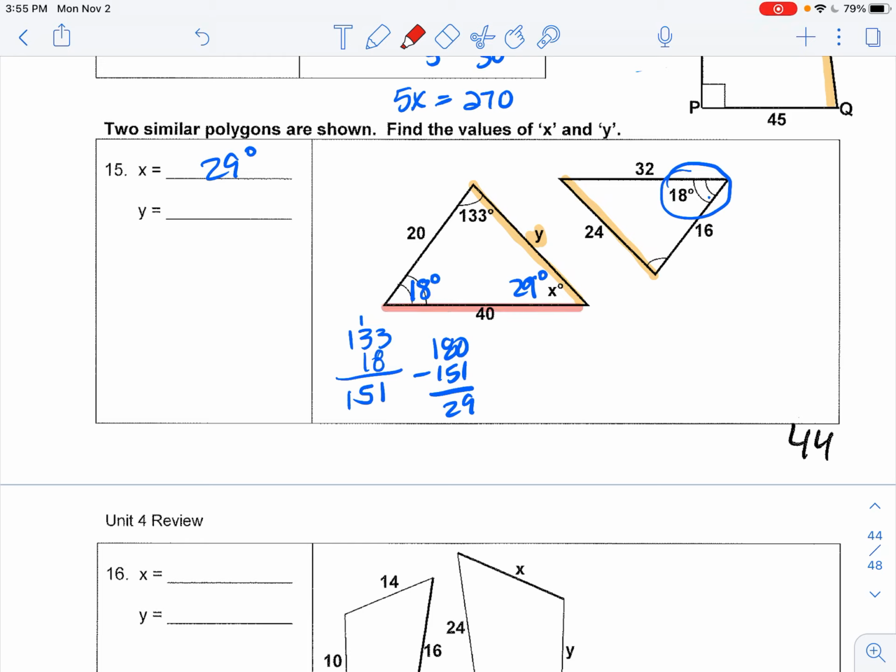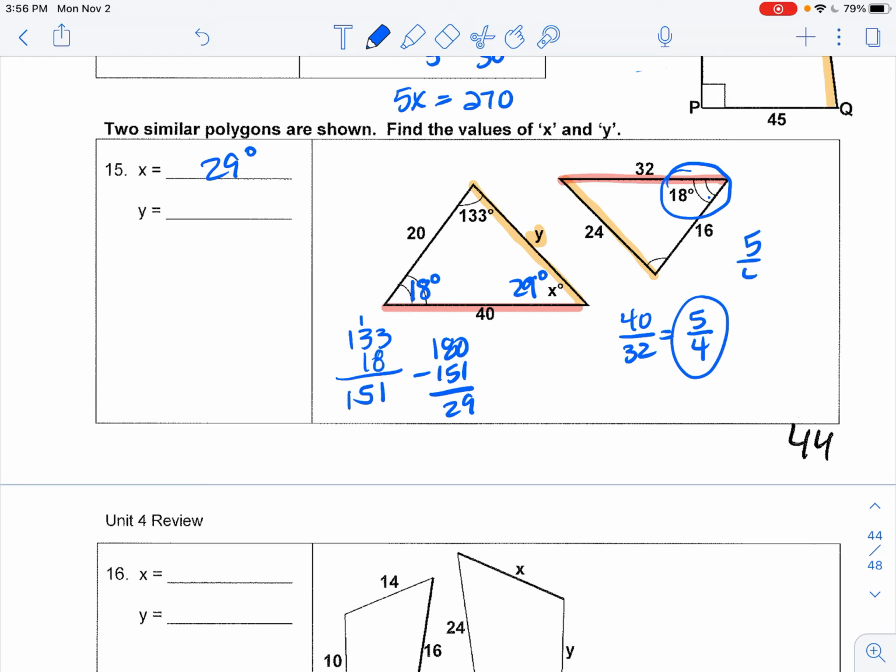The base of this triangle is similar to this guy. So if I write a ratio, that's 32 over 40. And actually, if we're getting bigger, let's try that again. 40 over 32. Both of those reduce by 8s, so 5/4. This is the ratio that I need.